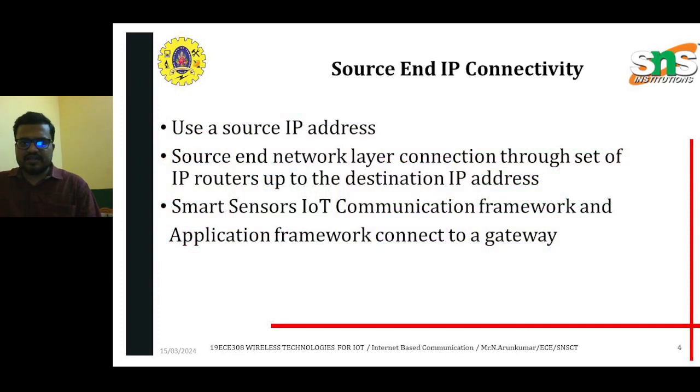Next one is IP connectivity. Initially we start from a source. After that, it passes to the network layer by typing the IP address of the concerned information. For example, with smart sensors, while connecting to cloud connections, we can type the concerned IP address of the particular sensor, so that we can see the operation of the smart sensors.